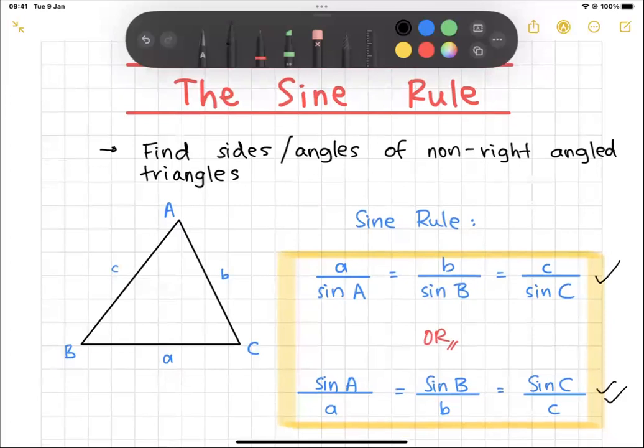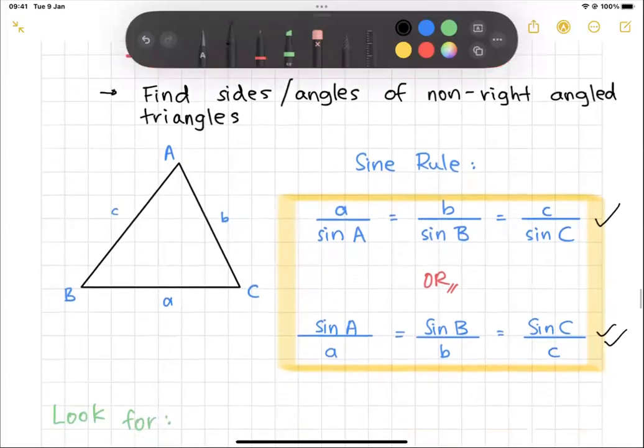Now I've labeled a triangle right beside it. To know when to use the sine rule, what I want you to look for is a cross.